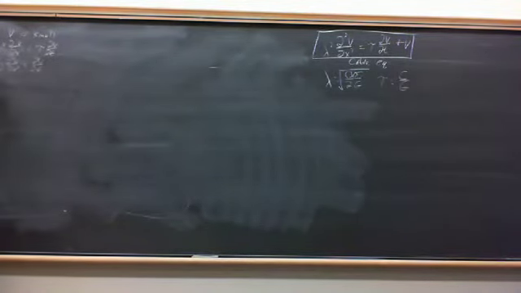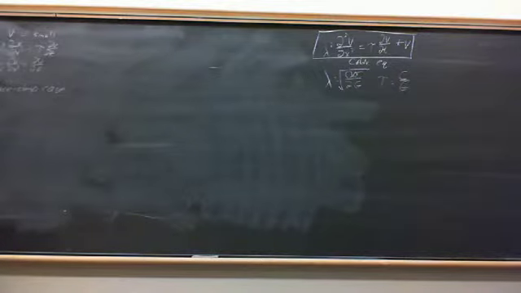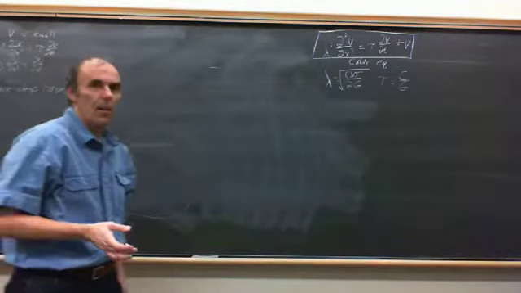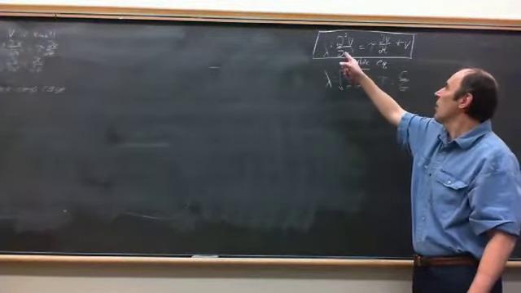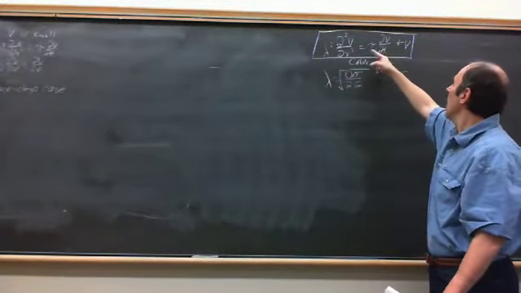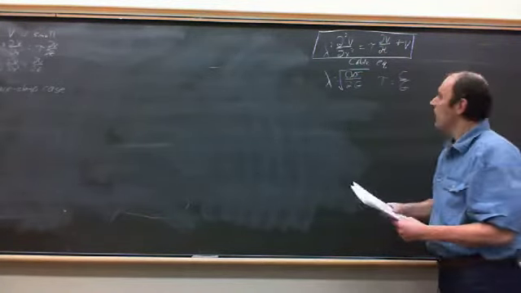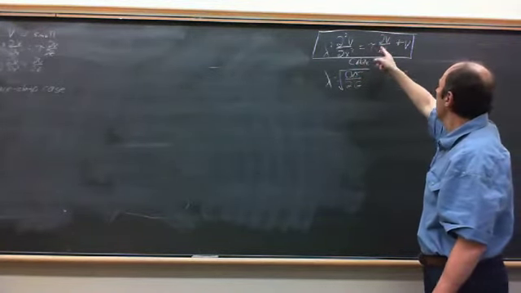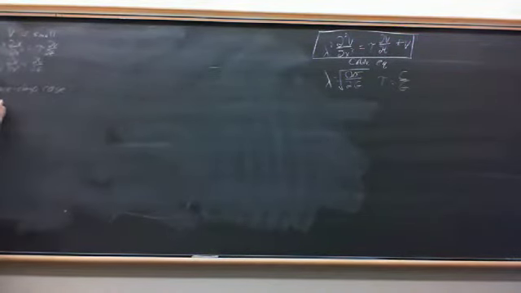Let's look at the space clamp. Space clamp means things don't depend on x. Well, that's what we did before. If things don't depend on x, this term here goes to 0, and all you've got is these two terms. And that's now a really simple equation, because if nothing depends on x, you can solve this for V. You end up getting a total derivative because nothing depends on x.